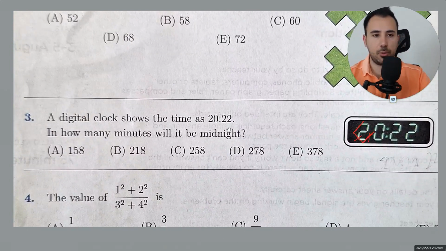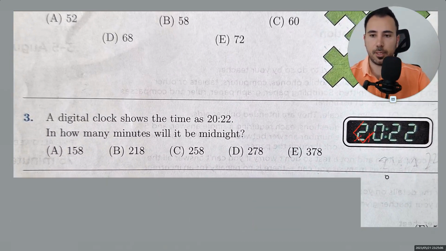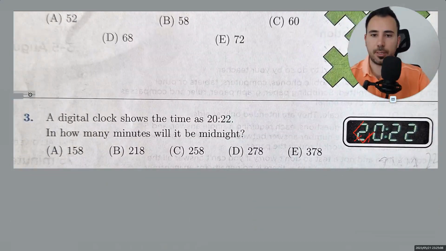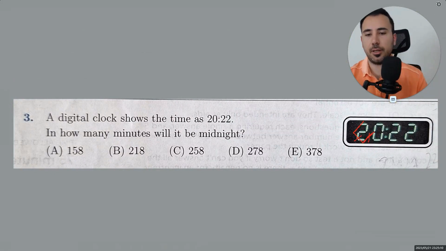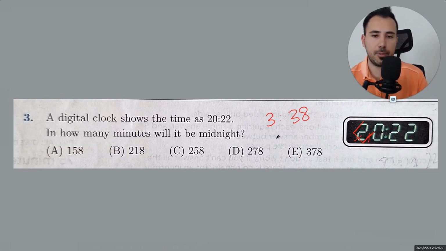A digital clock shows the time as 8 o'clock, 22 minutes. In how many minutes will it be midnight? The answer is in 3 hours and 38 minutes, it will be midnight, right? Yes.